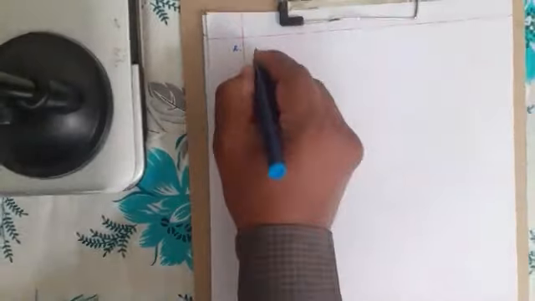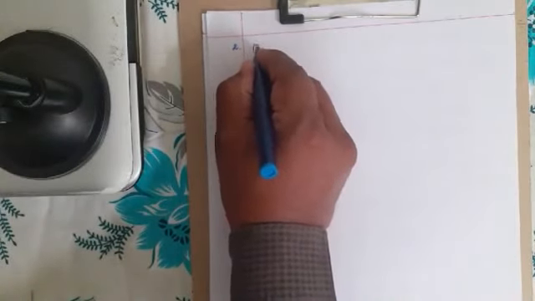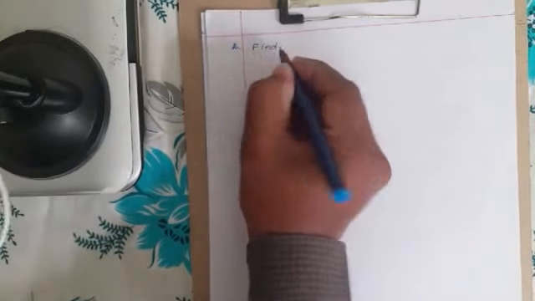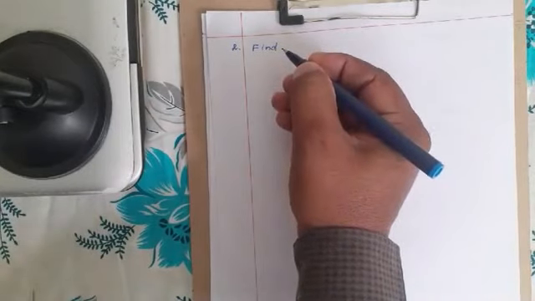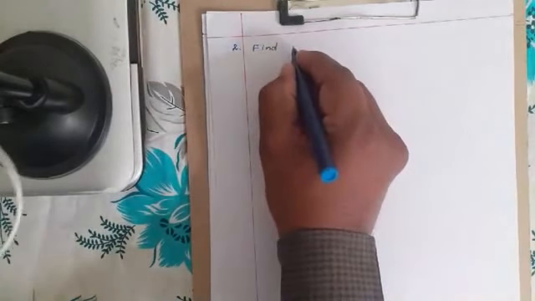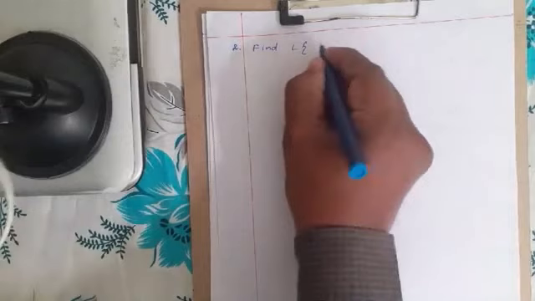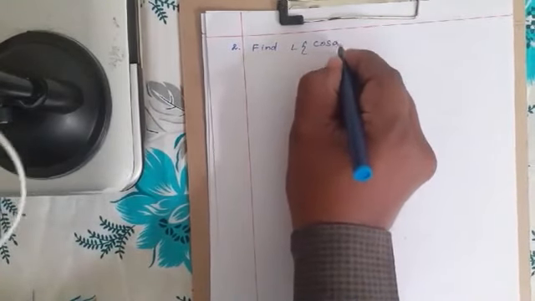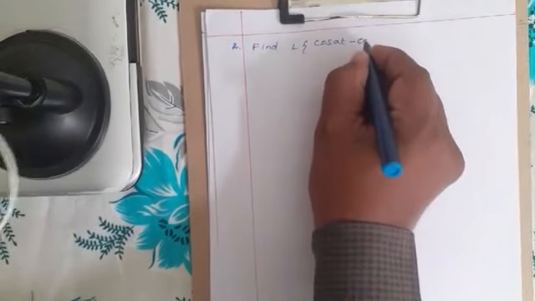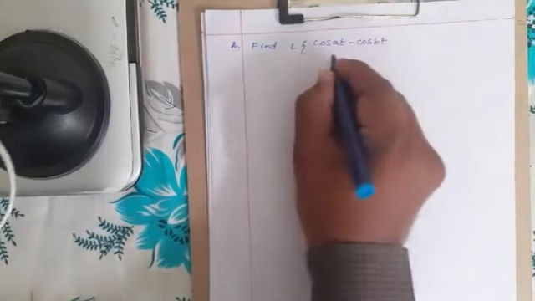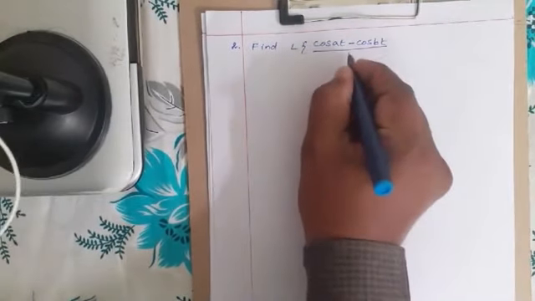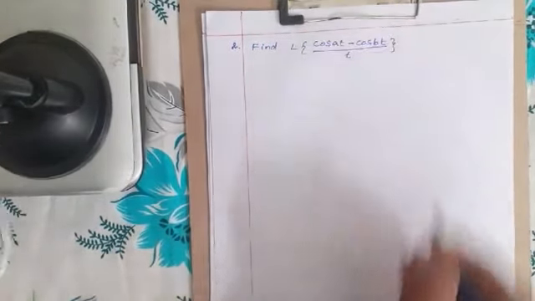We have seen this problem repeatedly in the previous papers. Find Laplace of cos at minus cos bt upon t. So this is the problem.